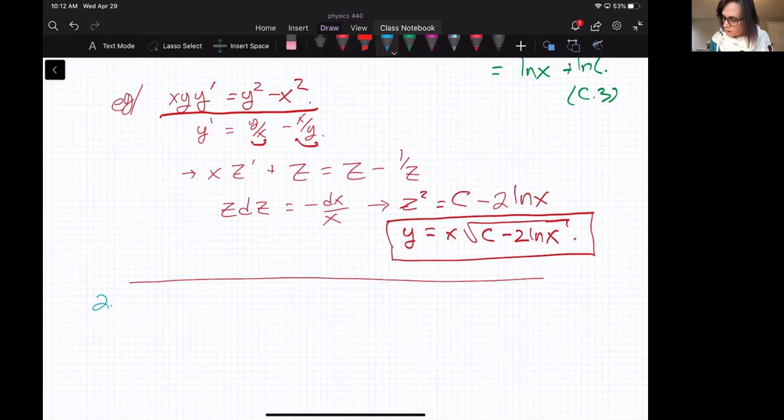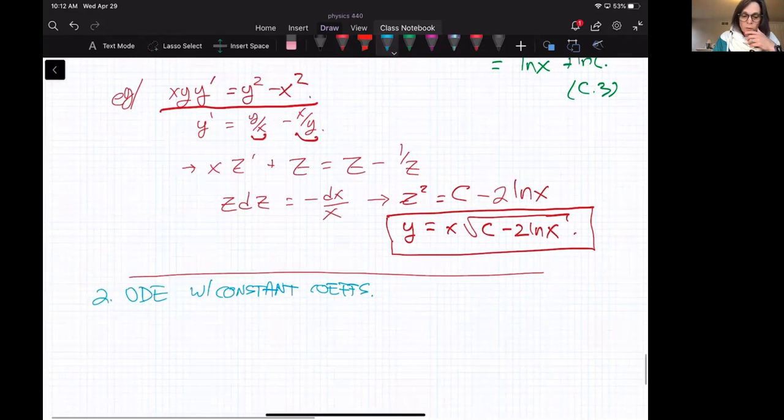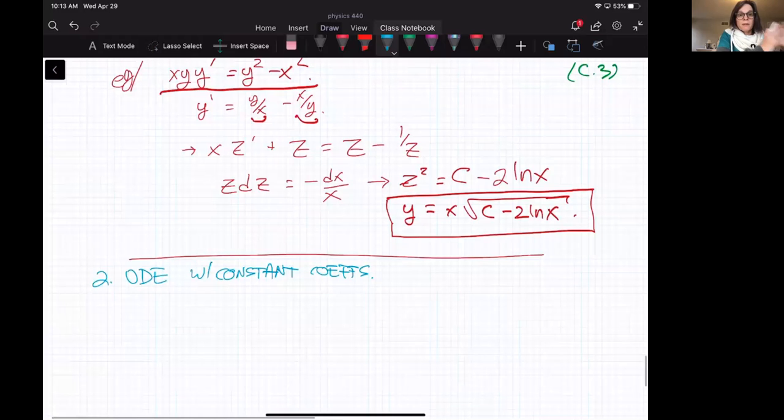So our second special case for the day is ordinary differential equations with constant coefficients. Well, what do we mean by that? We mean that, and this generally does apply to nth order differential equations.